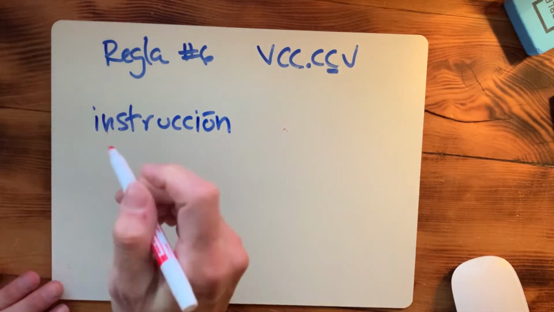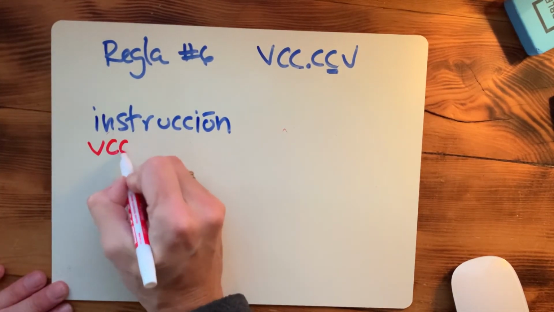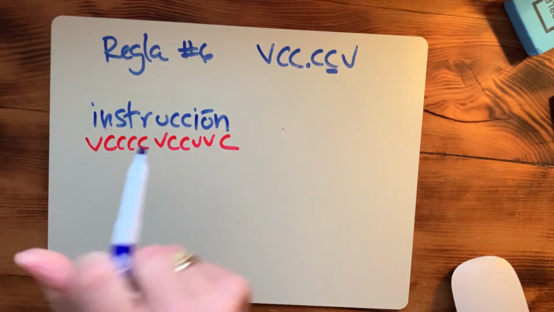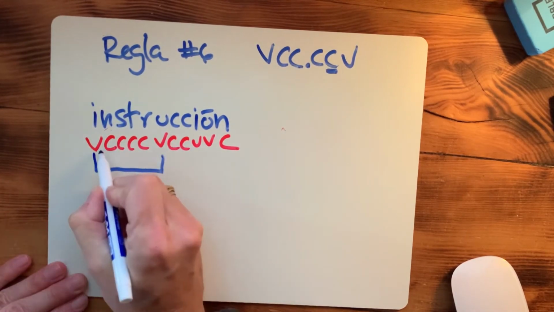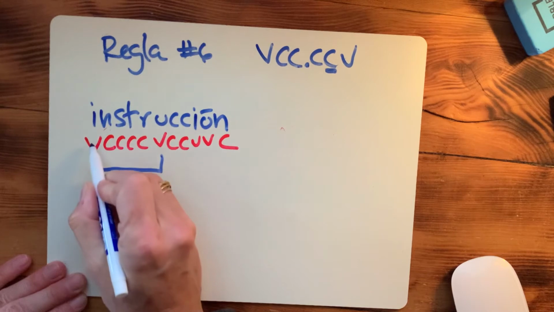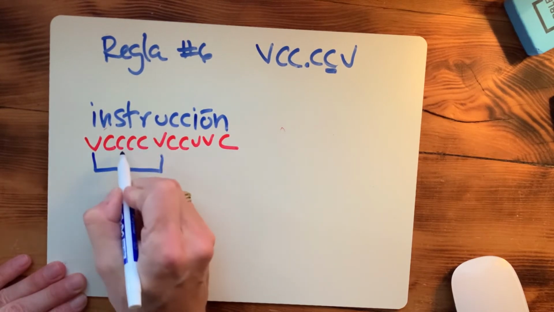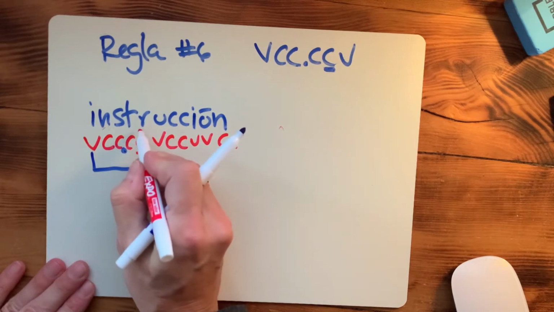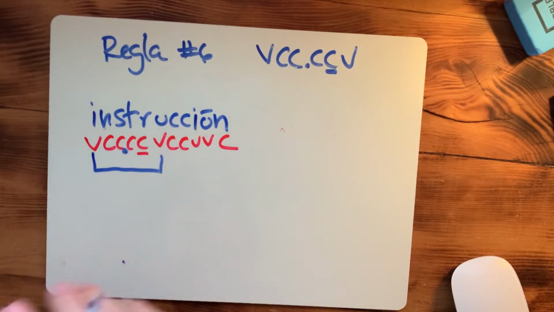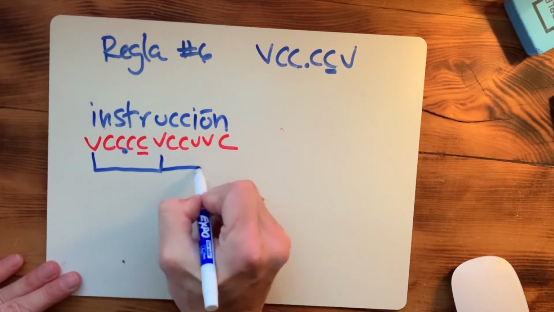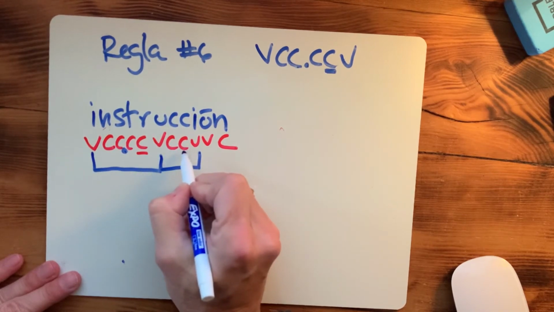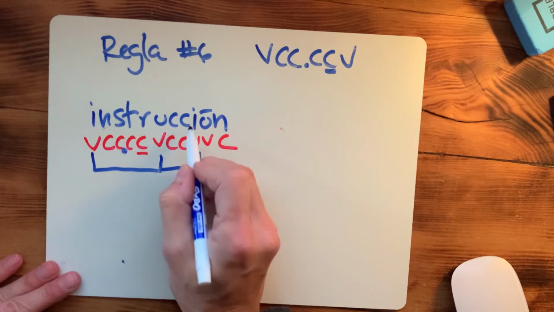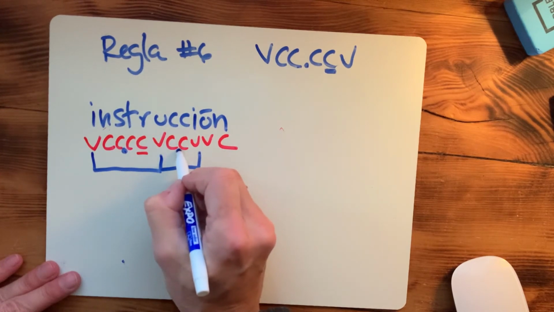I'm going to now label my consonants and vowels. We know that now we have 4 consonants here. I'm going to analyze information between the 2 vowels. I know that this is going to be a cluster. TR is a cluster. I'm going to go to my next one, vowel to vowel. CC is not a cluster.